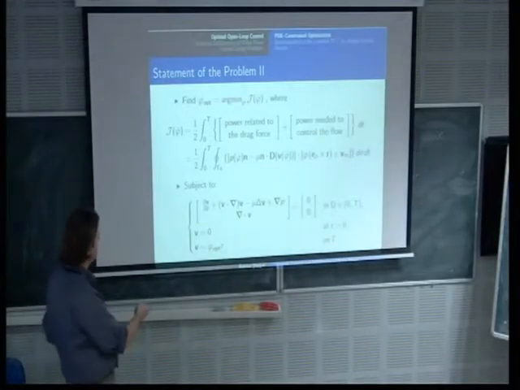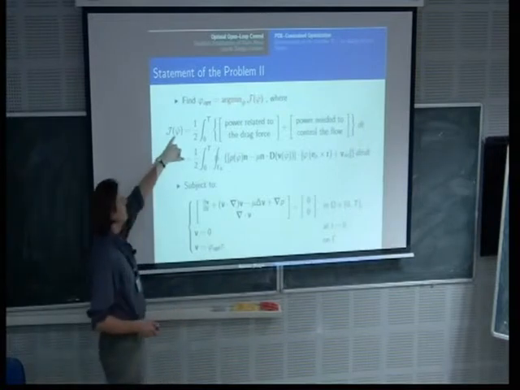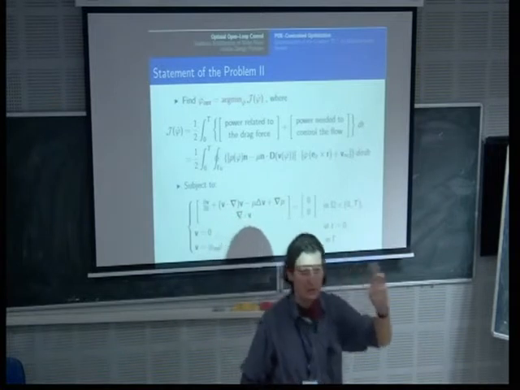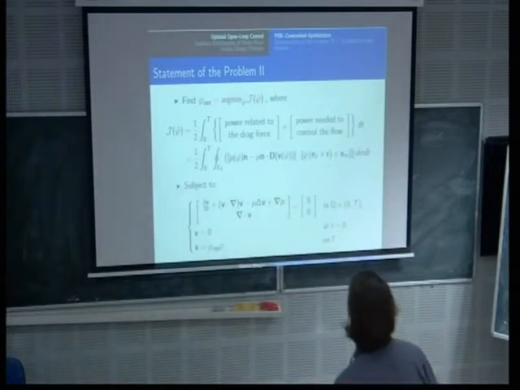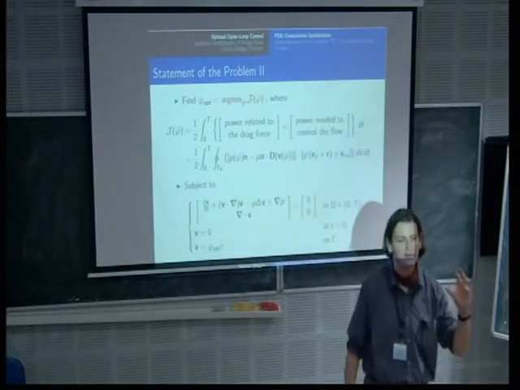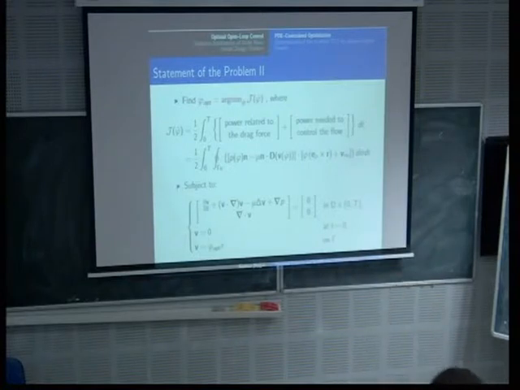And this is where things become interesting, because we see that our control variable seems to be the rate of rotation of the obstacle. So the control problem is to find the optimal rotation rate as a function of time, that among all functions in a certain class will give us the smallest possible value of the cost function.